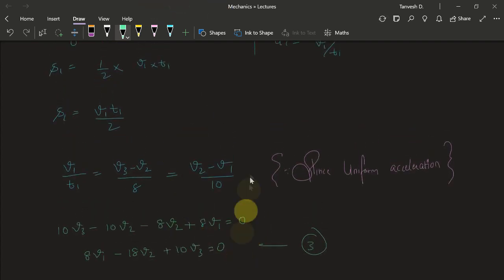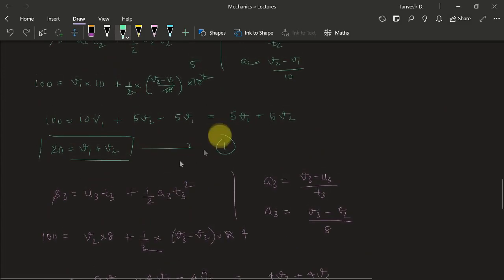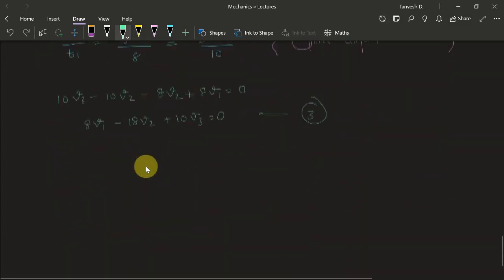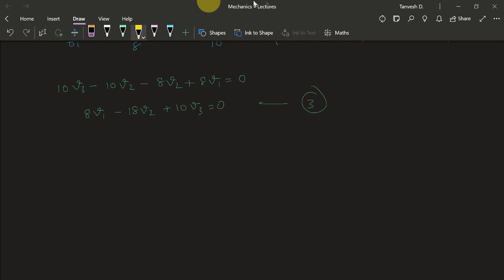So utilizing this third equation, the second one and the first one, we can solve them simultaneously, and when we solve them simultaneously we'll get v1 equals to 8.6111 meters per second, v2 equals to 11.3888 meters per second, and v3 equals to 13.6111 meters per second.